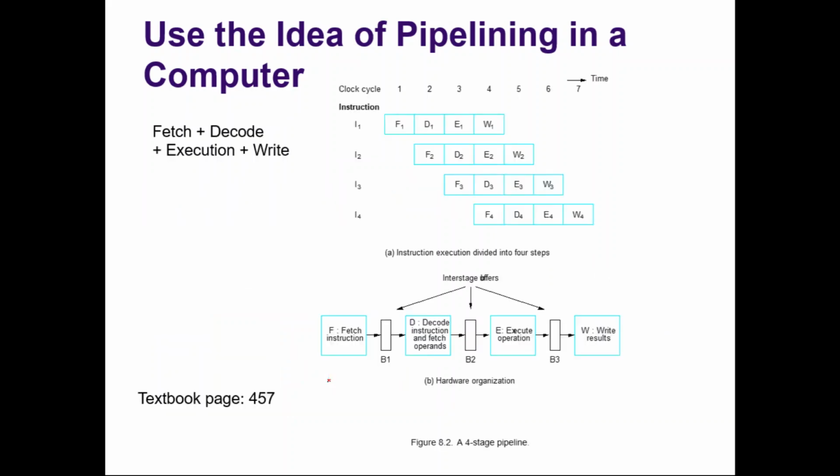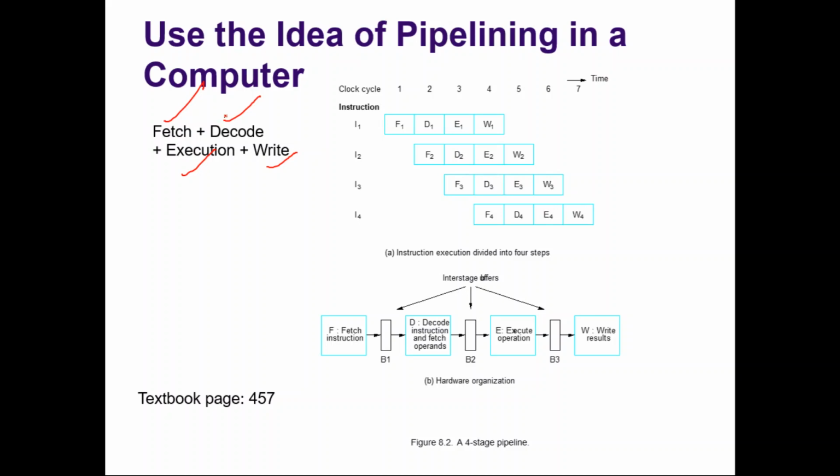Okay, fine. Now let us try to understand a four-stage pipeline. So here the processor has four stages: fetch, decode, execute and write. During the fetch stage the instruction will just be fetched.